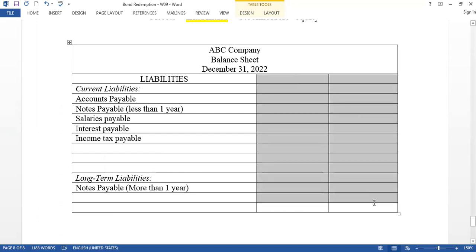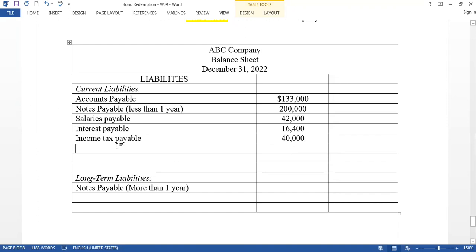So I can put some random numbers. Like 133,000. Then maybe 200,000. Then maybe 42,000. 16,400. 40,000.